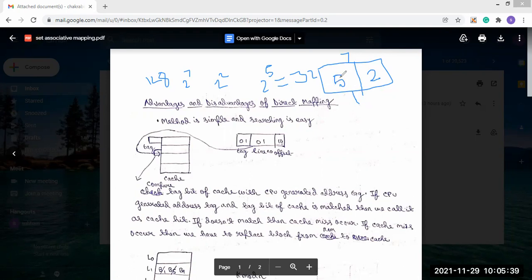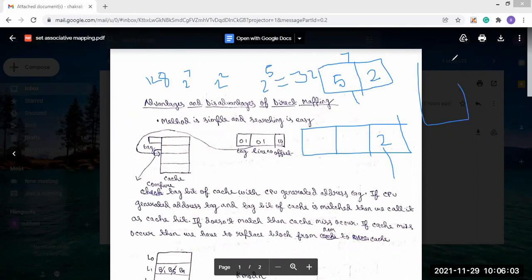This block number, which is 5 bits, will be divided into 2 parts. What are the 2 parts? In our cache, the block offset will be the same, that means 2 bits. The other thing is the line number.